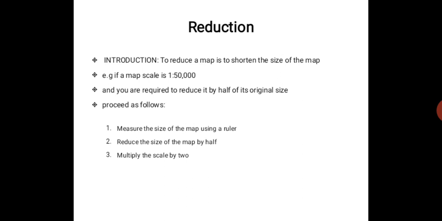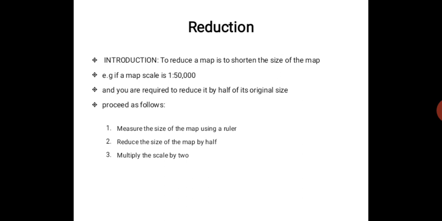For example, if a map scale is given as 1:50,000 and you are required to reduce it by half of its size, you will proceed as follows. Just like in the case of map enlargement, it is the opposite of enlargement that gives birth to what? Reduction. 1. Measure the size of the map using a ruler.